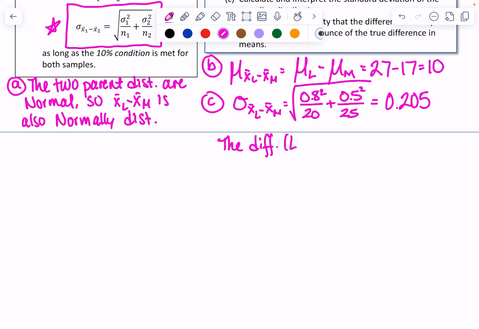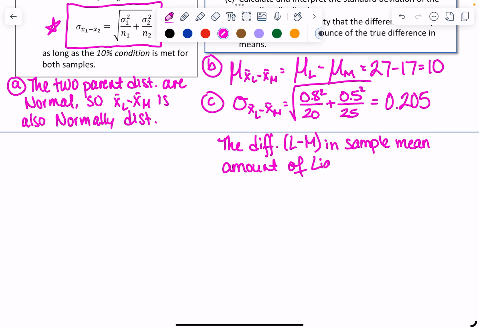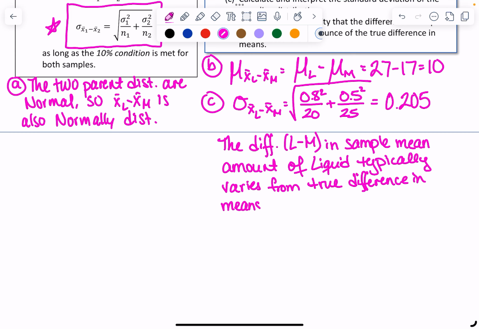The difference when we do large minus medium in sample mean amount of liquid typically varies, average distance, from the true mean difference, or the true difference in means, which was 10 ounces, by about 0.205 ounces.